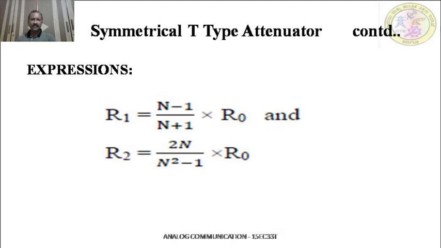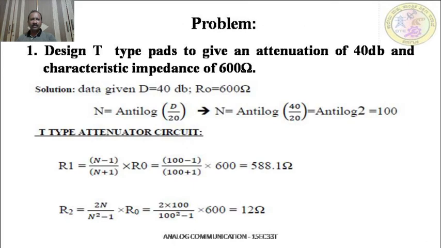Here n is attenuation and R naught is design resistance. Using the above equations, you are going to design the T-type symmetrical attenuator.